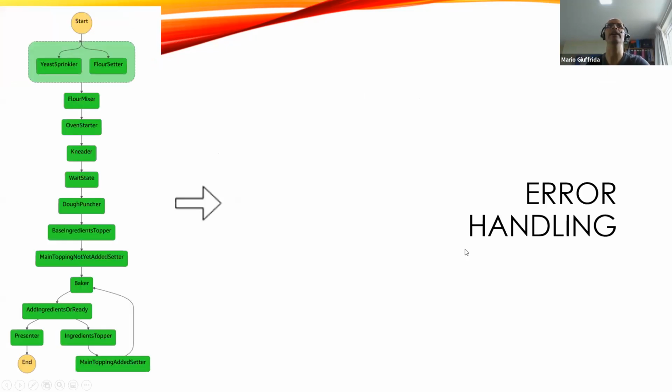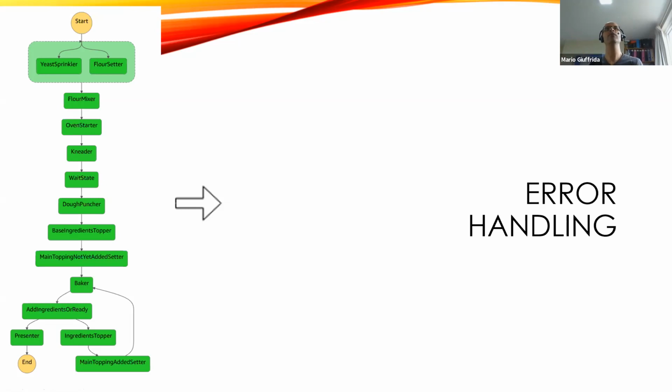So in order to do that, let's introduce another step in this state machine of preparing a pizza, another function. And this function will be like a quality control.